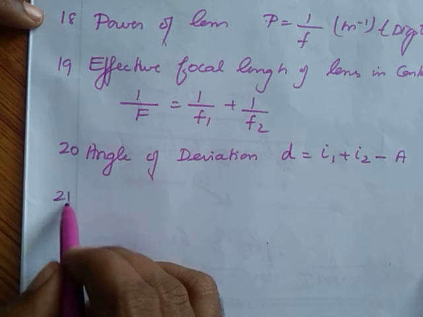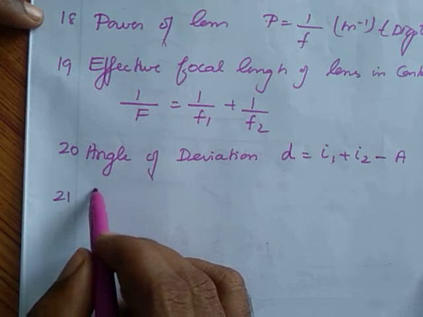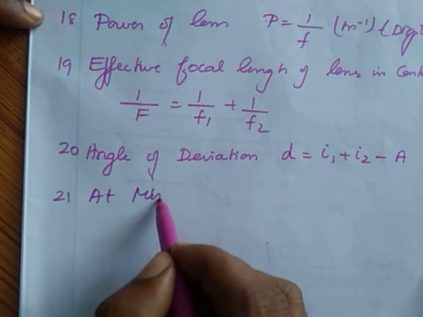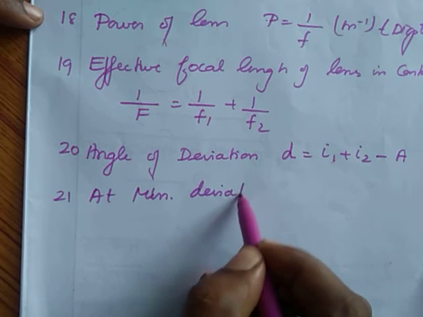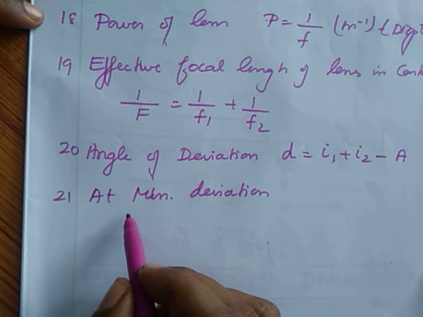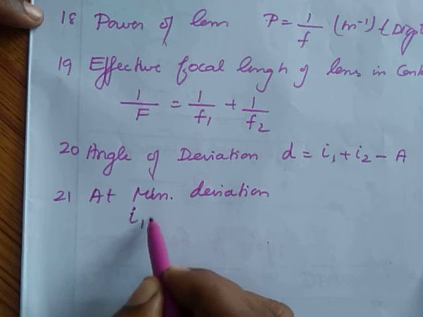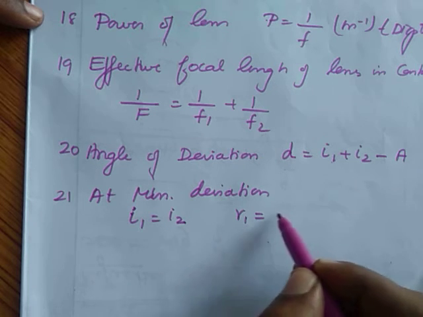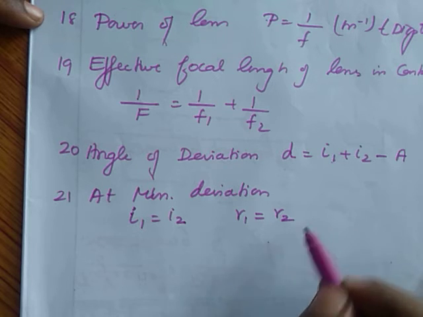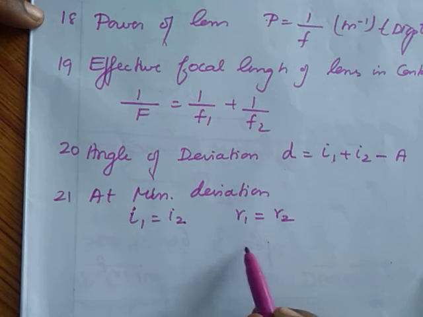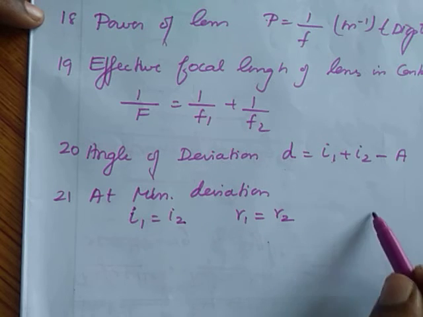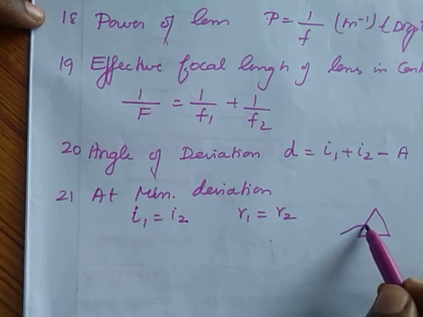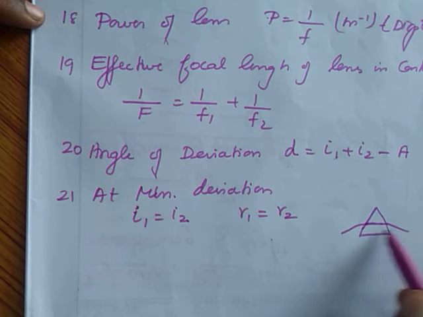And one more thing, at minimum deviation, the angle of incidence is equal to the angle of emergence. The angle of refraction at the first surface is equal to the angle of refraction at the second surface. One more thing, the refracted ray inside the prism will be parallel to the base of the prism.